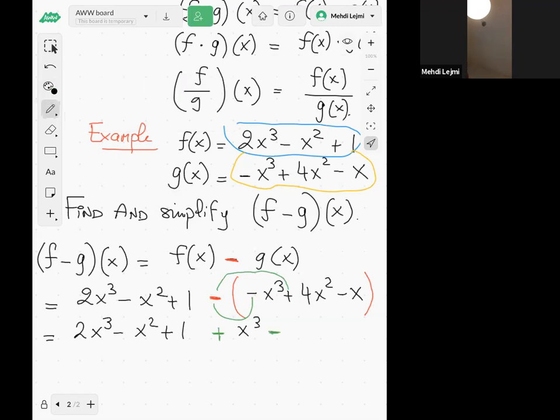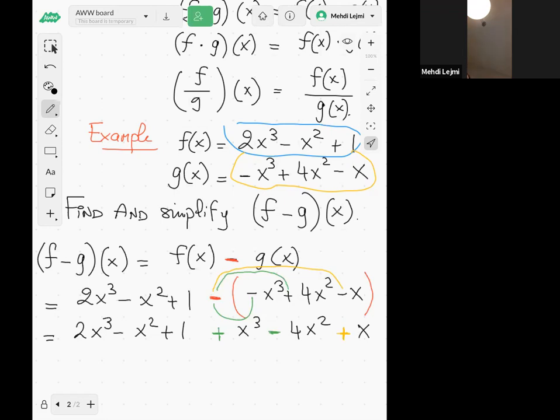So that's minus 4x squared. And finally, minus minus, this minus here with this minus, that will be a plus. So last here, this thing would be plus x, okay? The signs here change completely the answer. If you get the wrong sign, of course, you're gonna end up with the wrong answer. So it's really important, guys. Again, the parentheses are really important. Yes, Lorden, absolutely, it's minus 5x squared, yes.